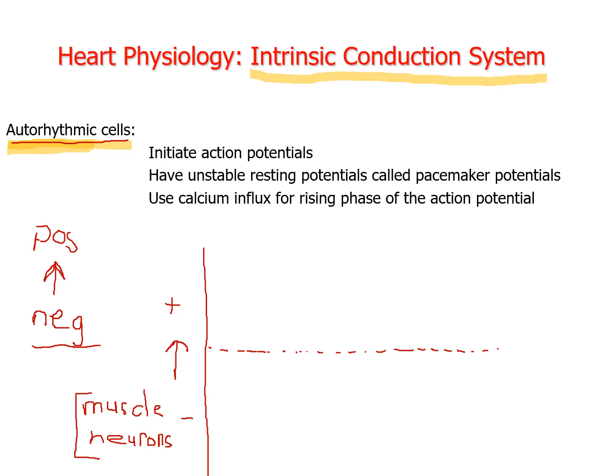They are constantly depolarizing. So they're not staying down at a resting membrane potential. They're depolarizing, they hit the threshold and you get an action potential. And then it reverses and it comes back down.